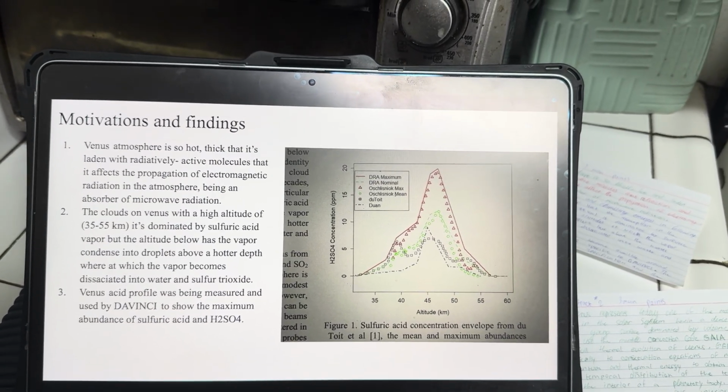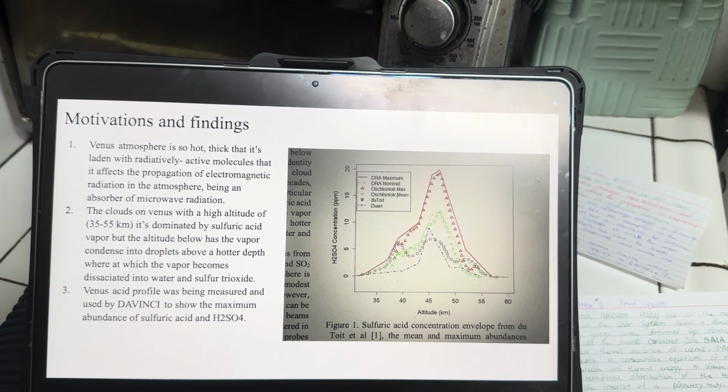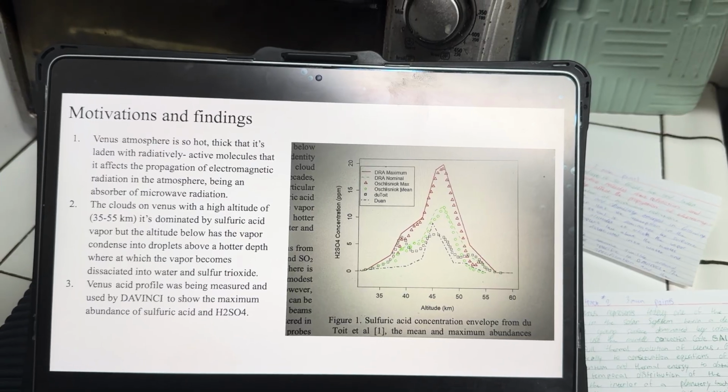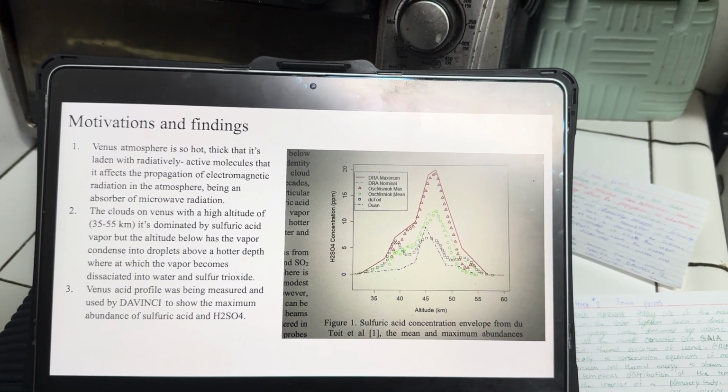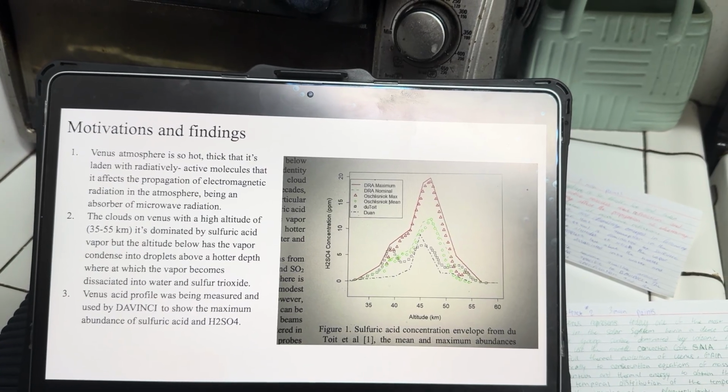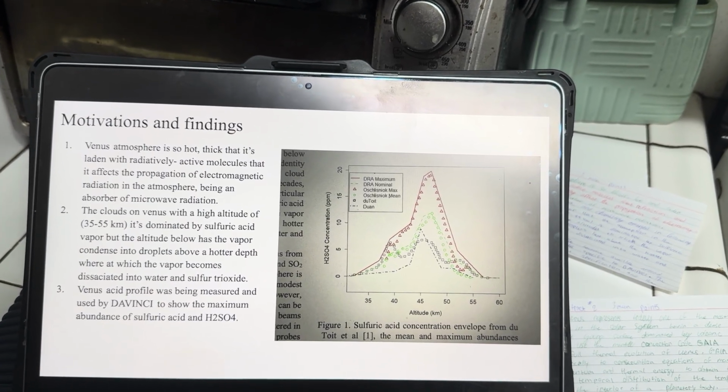The clouds on Venus at high altitudes of 35 to 55 kilometers are dominated by sulfuric acid vapor, but at lower altitudes the vapor condenses into droplets above hotter depths, at which the vapor becomes dissociated into water and sulfur trioxide.